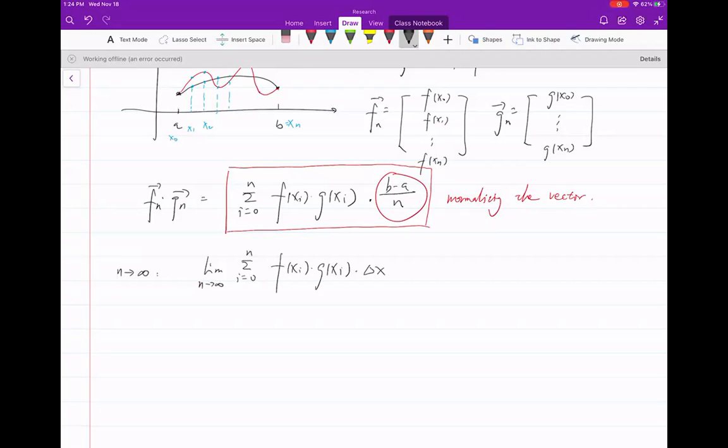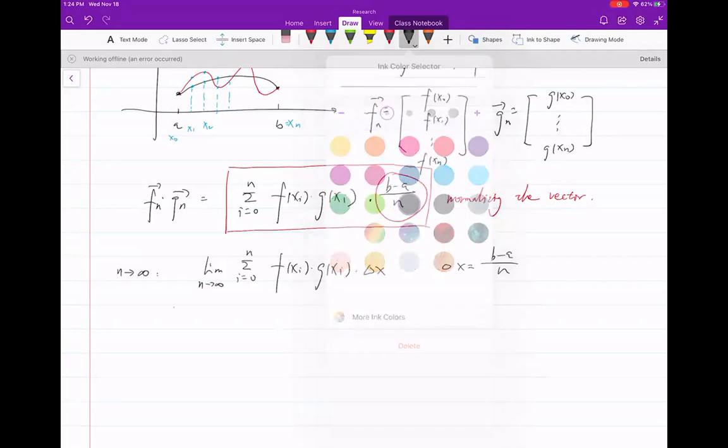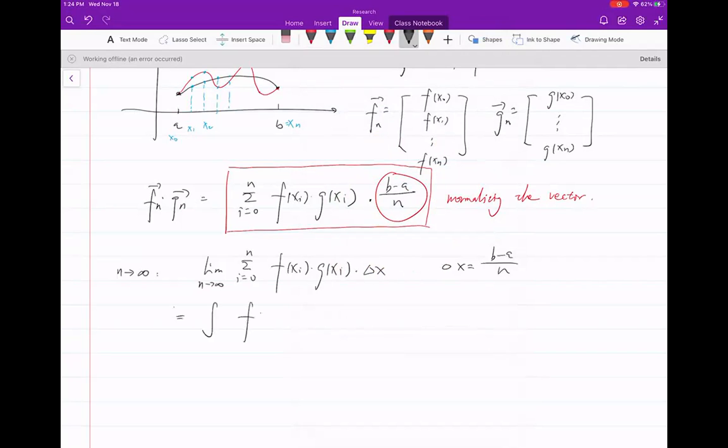If not, change this to delta x, which is basically how you calculate (b minus a) divided by n. Looks like an integral. It's exactly the integral. Beautiful. From a to b. So this is how we are going to tell the differences, or similarities, between two functions.